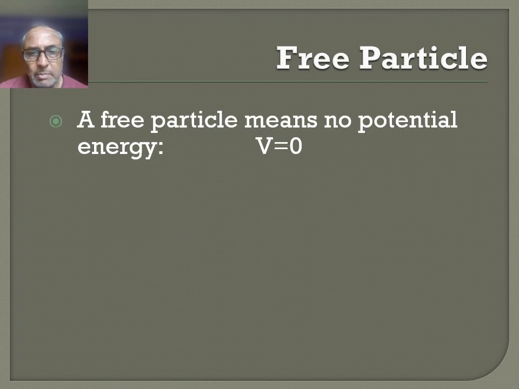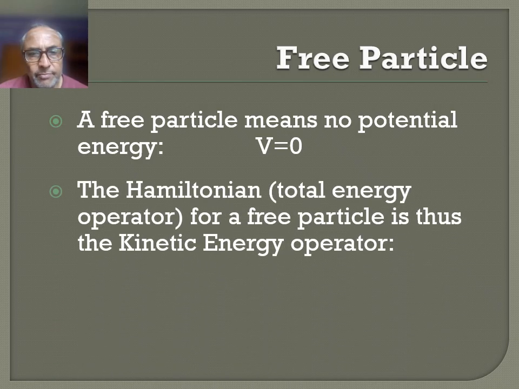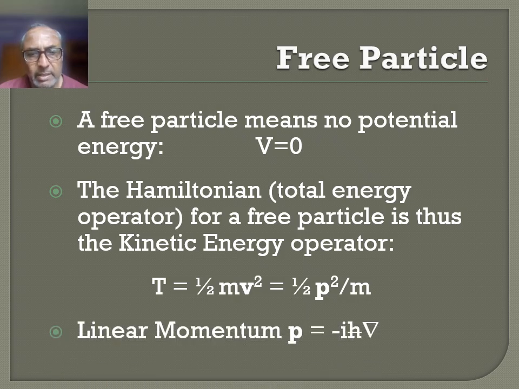A free particle means that there is no potential acting upon the particle. That means that the potential energy V is equal to 0, and therefore the Hamiltonian or the total energy operator for the free particle is just the kinetic energy operator, T equals half mv squared or half p squared by m, where p is the linear momentum operator minus i h-bar del.